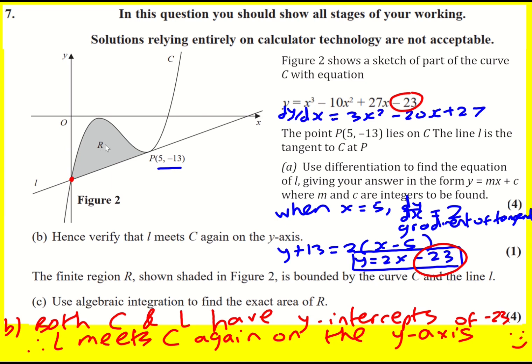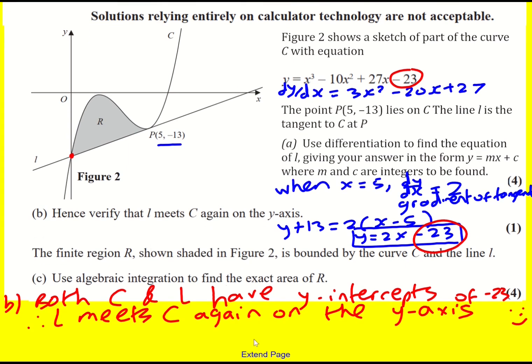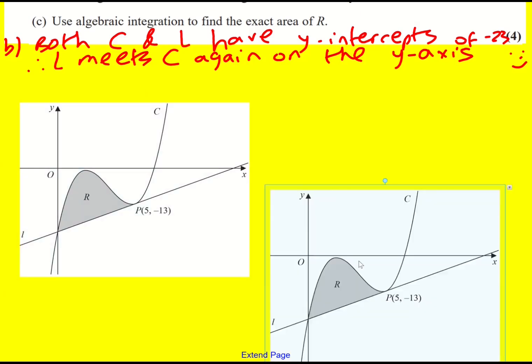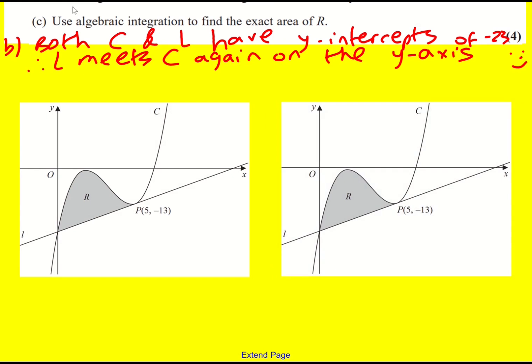The finite region R, shown shaded, is bounded by the curve C and L. Use algebraic integration to find the exact area of R. Okay, so what we can do here is draw a line up from the tangent and find the area of this trapezium.